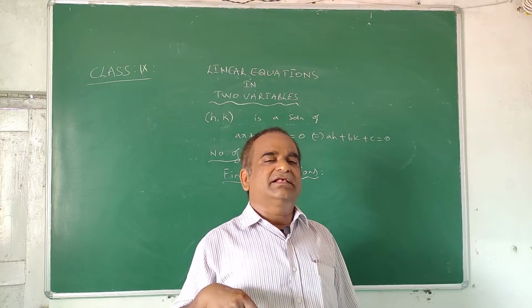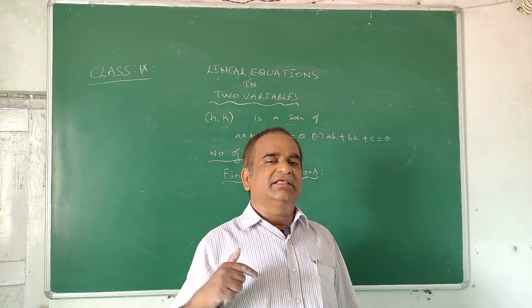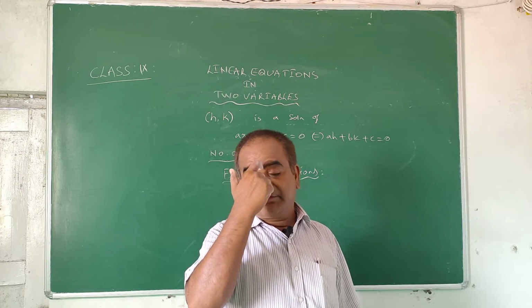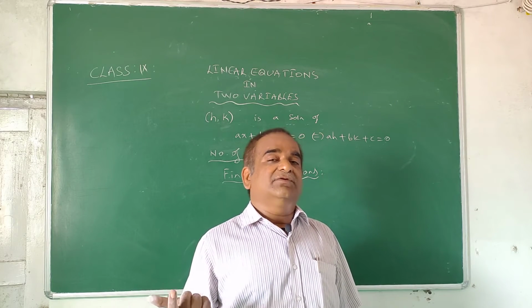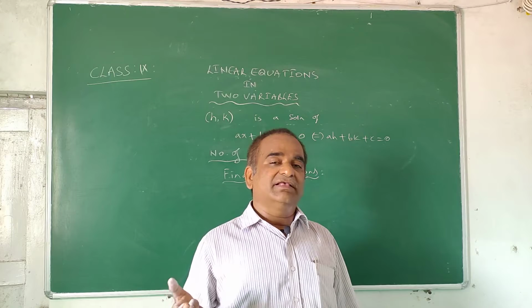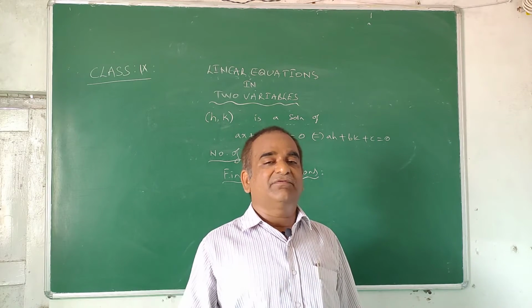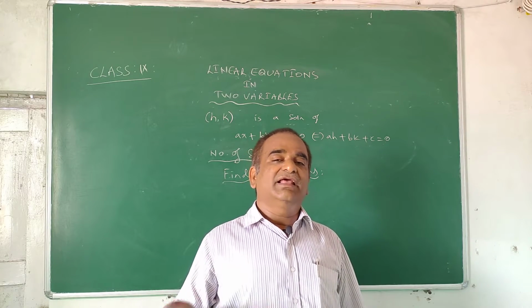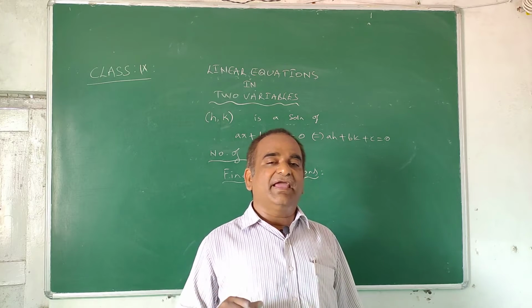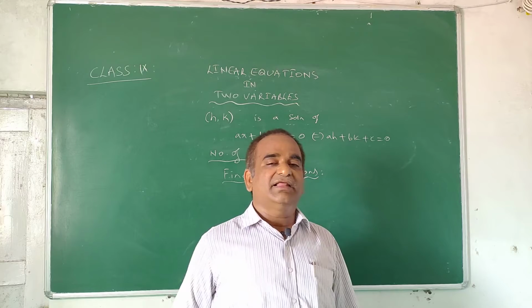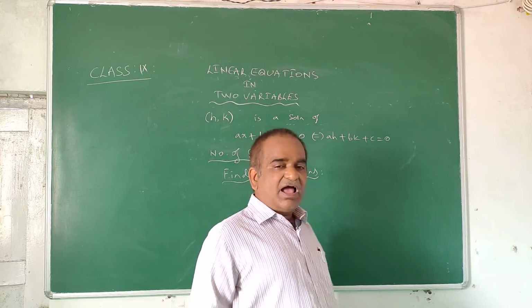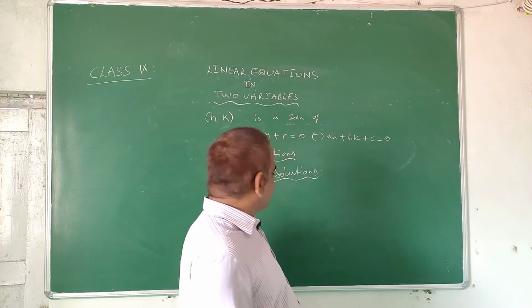Substitute the x which you have chosen in the given linear equation in the place of x and simplify so that you will get the corresponding value of y. This x value together with this y value is arranged in an ordered pair. Then that ordered pair would be a solution of the given linear equation. So now I'll explain with an example.